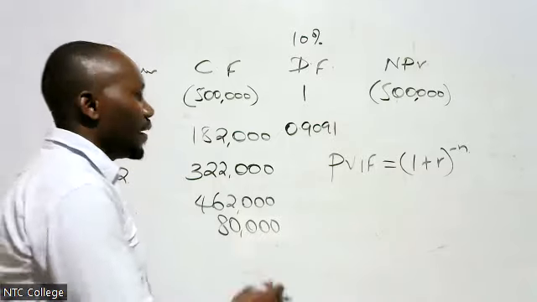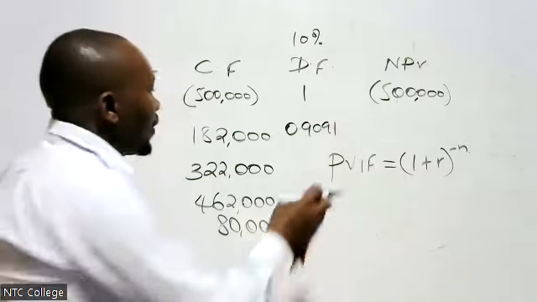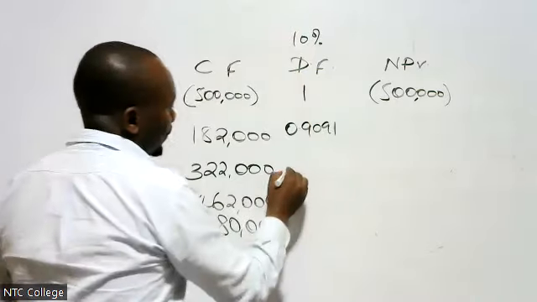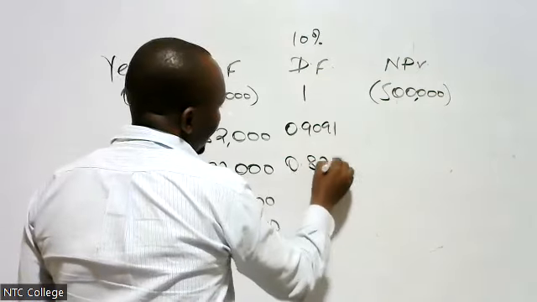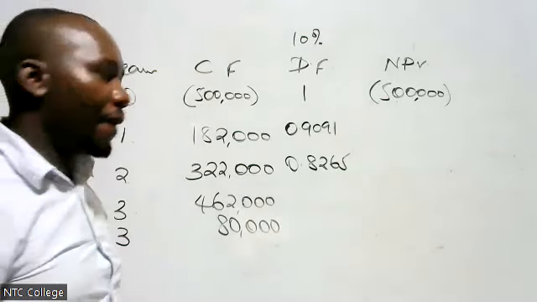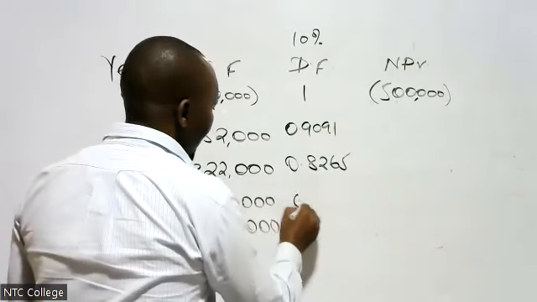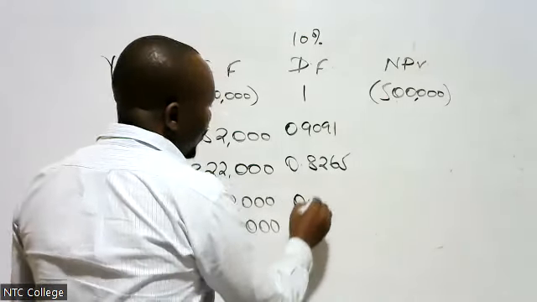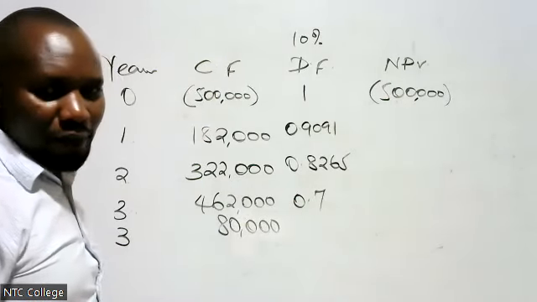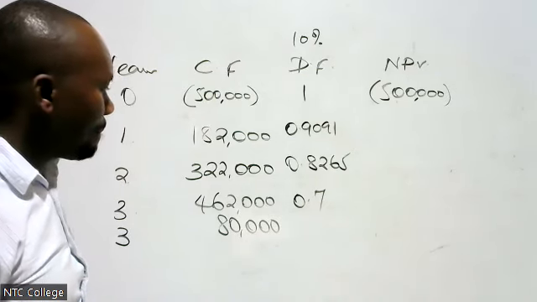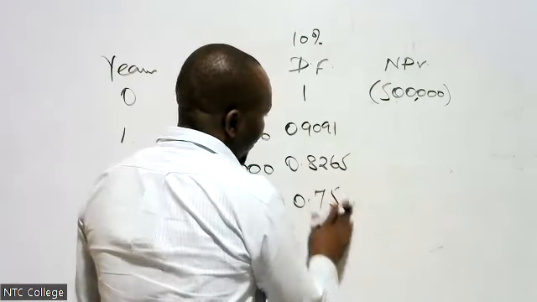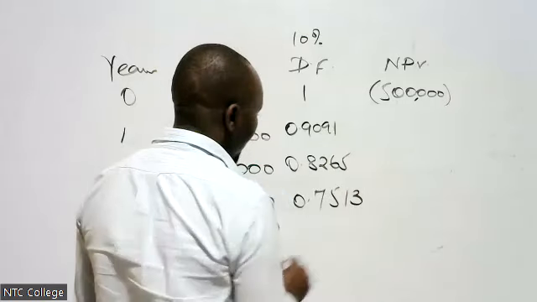The second one, 0.8265. Are you sure? Okay. 0.8265. The third one, 0.75. 13. Not 1, 2. 13.